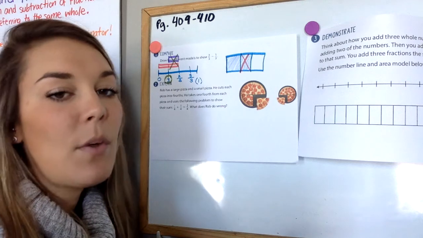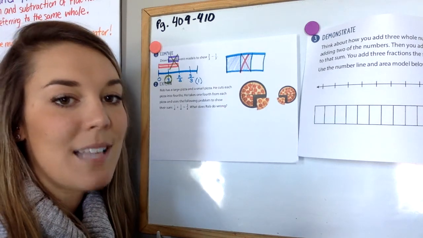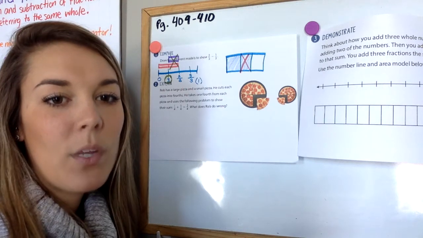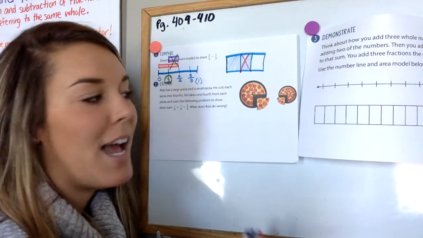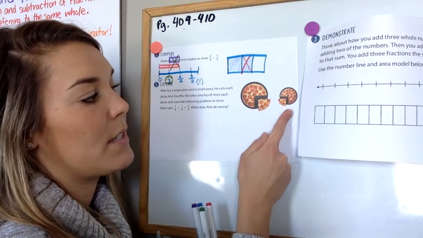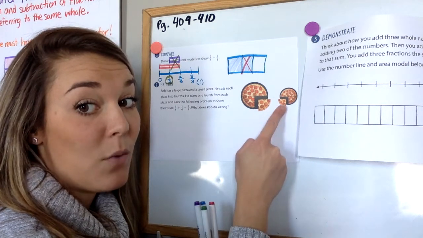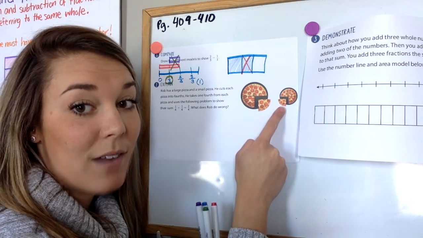So I know that when we add fractions, we must be referring to the same whole. What that means is I can't compare these fourths, boys and girls, because this is a large pizza and this is a small pizza. So 1/4 of this pizza is bigger than 1/4 of that pizza, right?